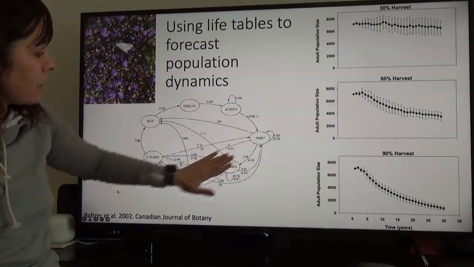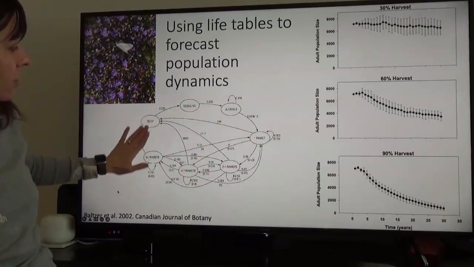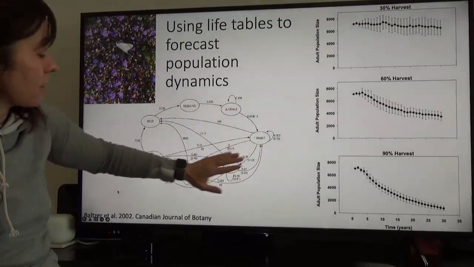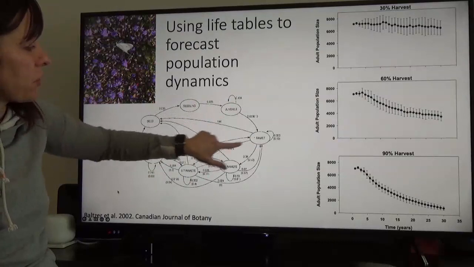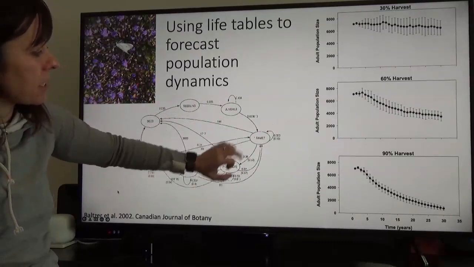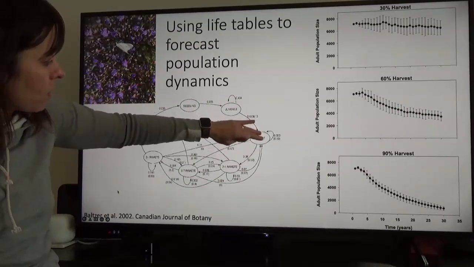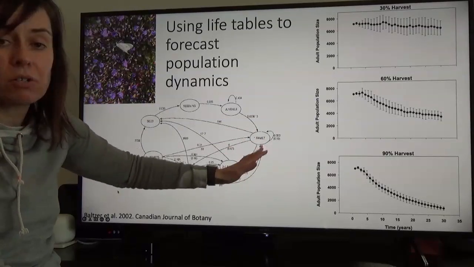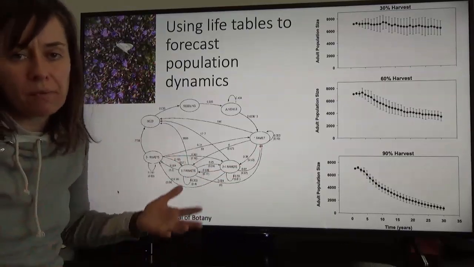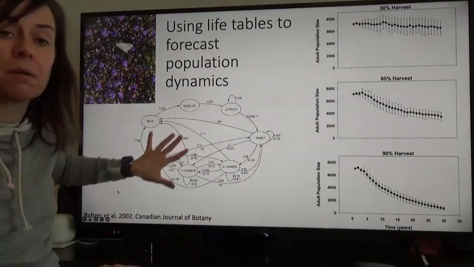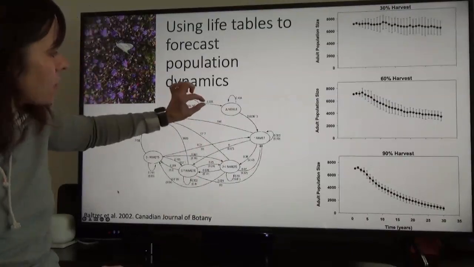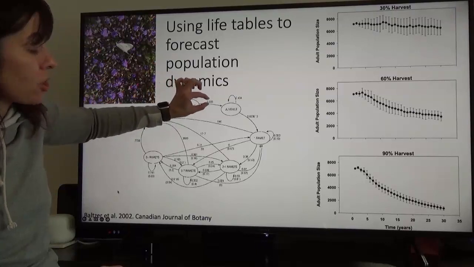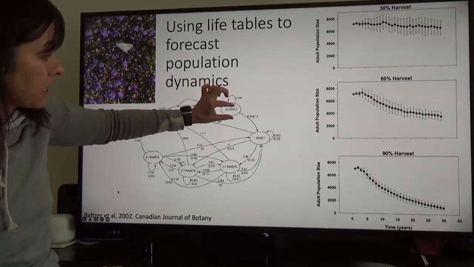But you can see that when you draw these out into diagrams, they look pretty complex for stage-structured populations in particular, because you could have a return to the same stage, or a movement from one stage to the next, or a return from a larger stage to a smaller stage because a ramet died or whatever it happens to be. So there's a lot of different arrows that we have to parameterize in this, and each of these numbers represents a transition probability from one category to the next.